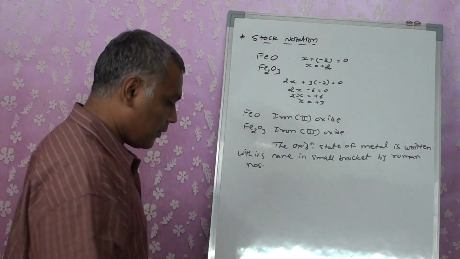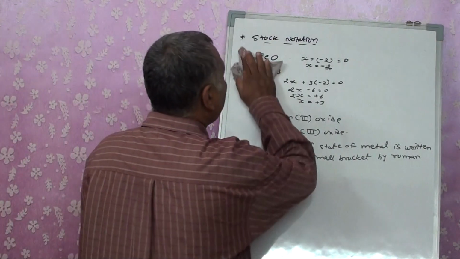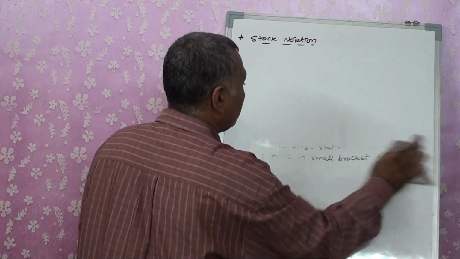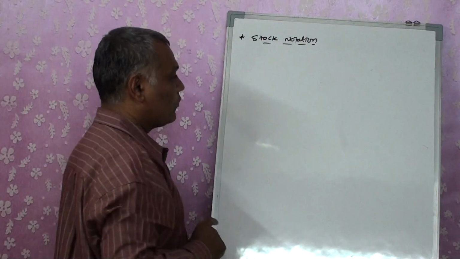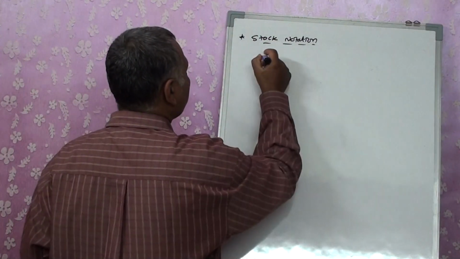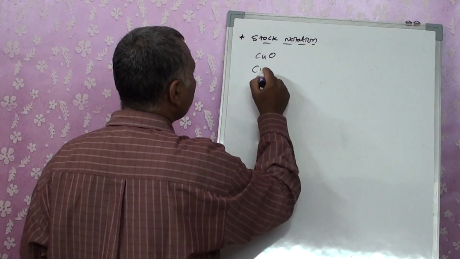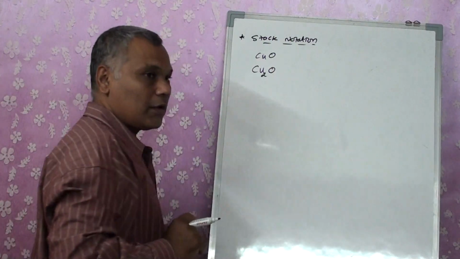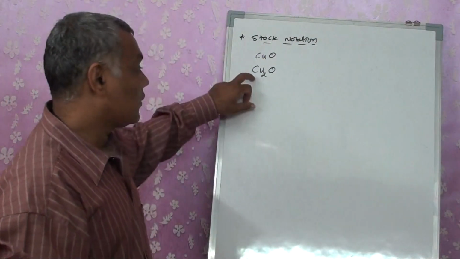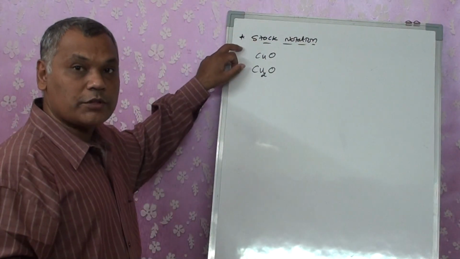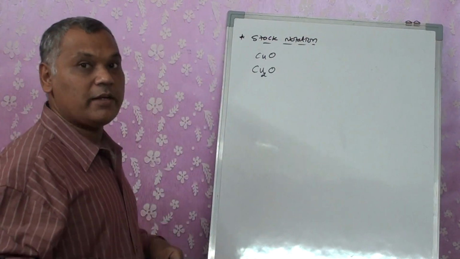Let's have some other examples also, right? We have the example of CuO and Cu2O. No doubt, nowadays we write them as cuprous and cupric oxide, right? This is cuprous, this is cupric oxide. But that was later on.